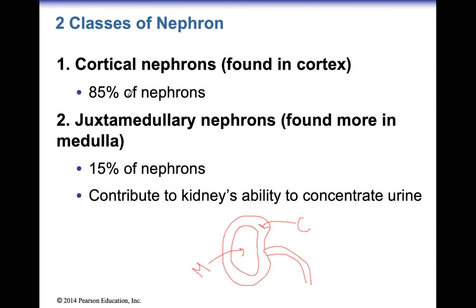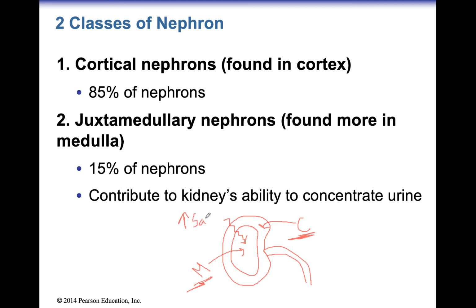Cortical nephrons are nephrons that are found in the cortex of the kidney. Juxtamedullary nephrons are found in the medulla of the kidney. The majority of your nephrons are cortical nephrons. Maybe 15% of them are juxtamedullary nephrons. And the reason is because as you go deeper and deeper down into the core of the kidney, you have an increase of salt concentration.